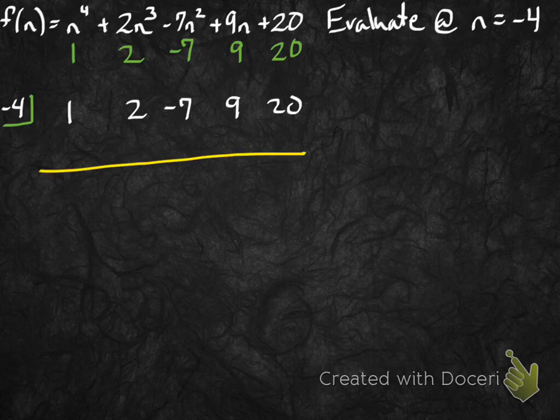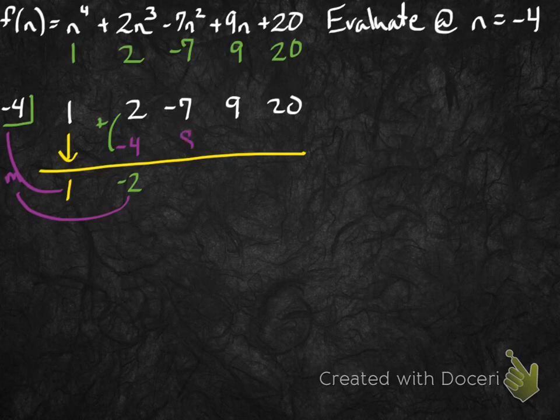So step 1, drop my first thing, 1, then multiply, giving me -4. So I write down -4. Then add, giving me 2 plus a -4 is -2. Multiply. -2 times -4 is +8.